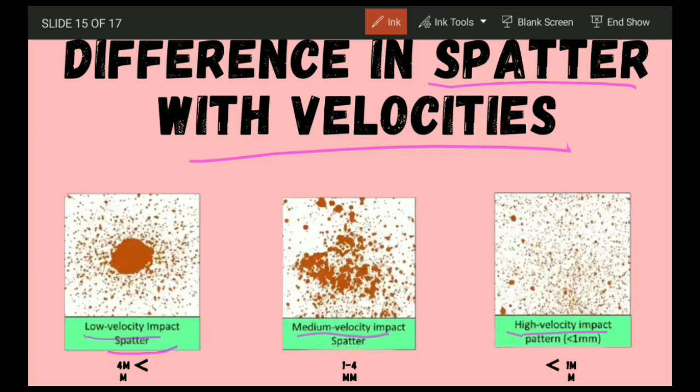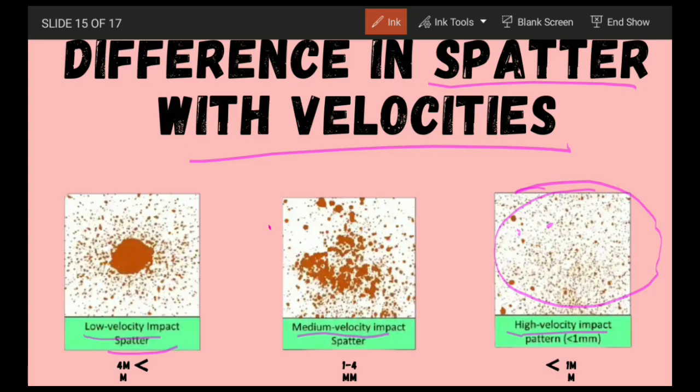Here the blood is present in the form of mist, not exactly mist, but the droplets are not fairly large, which means the velocity must be very high. There must be violent stabbing, and a number of stabbings, with high velocity.